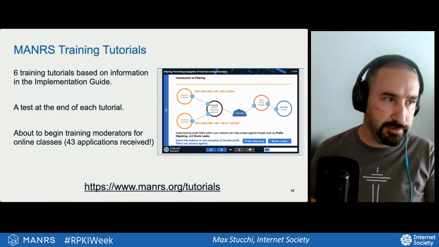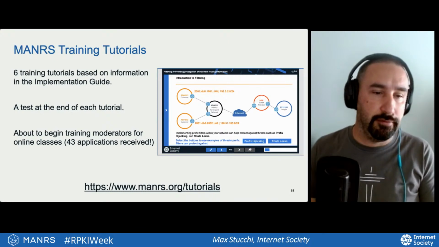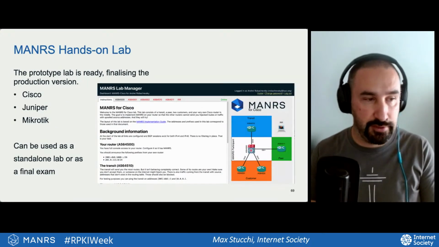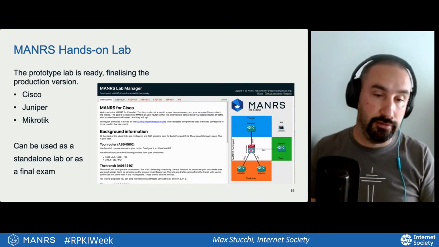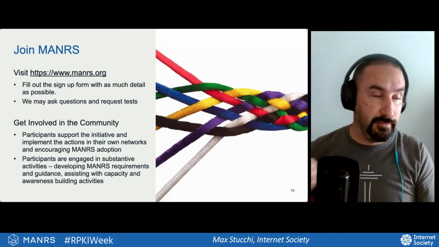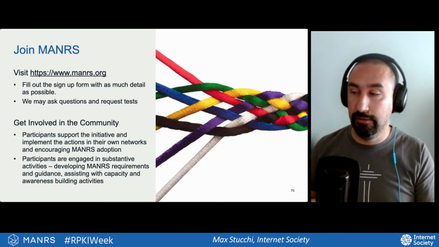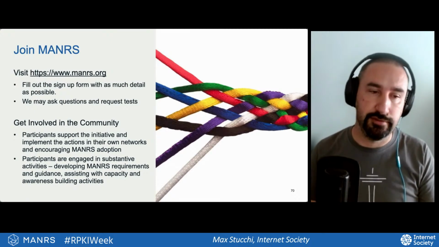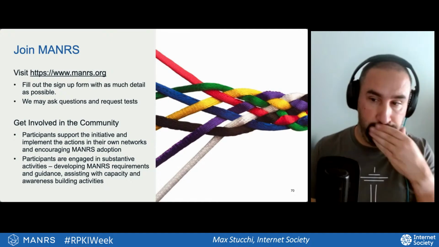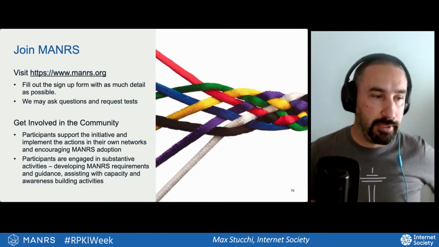Then we have the MANRS tutorials. We have training tutorials based on the information in the implementation guide, and then a hands-on lab that you can do following the tutorials. And last, you can join MANRS: go to manrs.org, look at the different actions you should take and be prepared for before you submit your request to join.